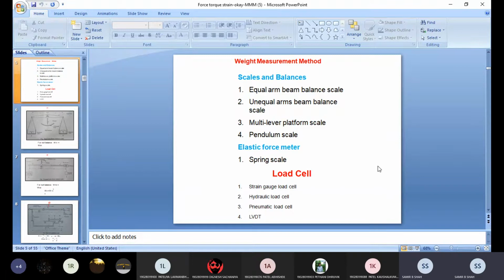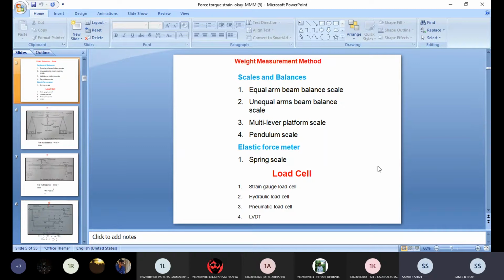And in that we talk about measurement of force, where springs, cantilever beam, proving ring are the very basic instruments to measure the force.